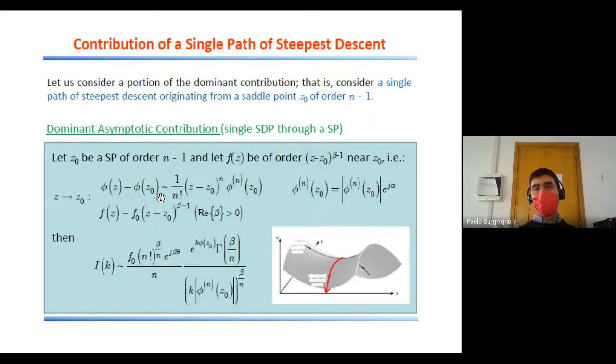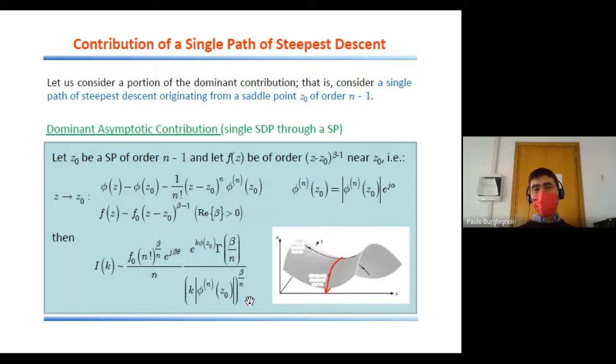For a simple saddle point, n would be equal to 2. And so we would typically get fractions in which the denominator is 2, whereas for higher order saddle points, we would have 3, 4, and so on.